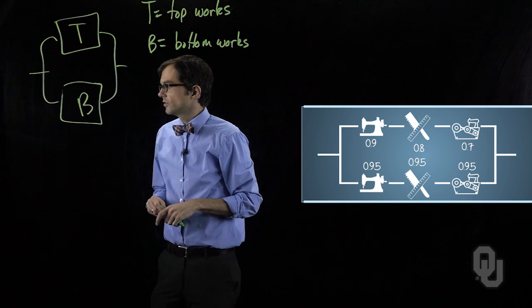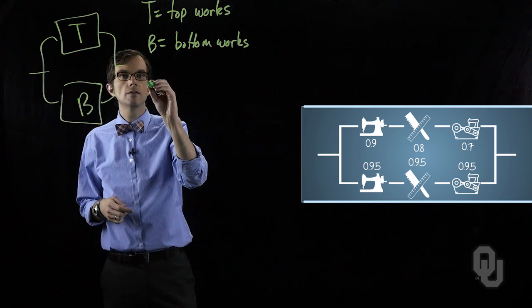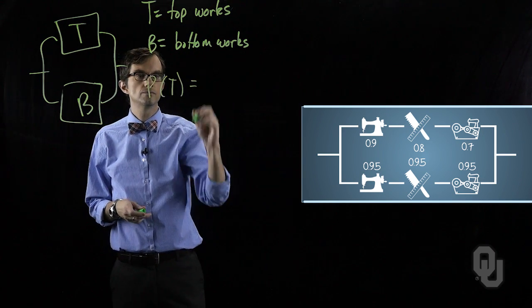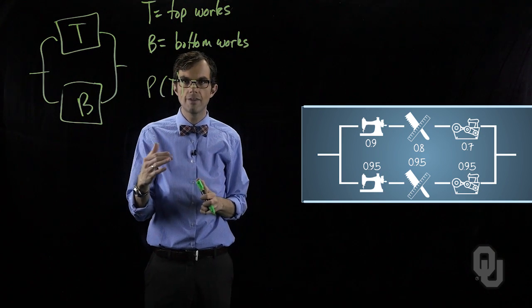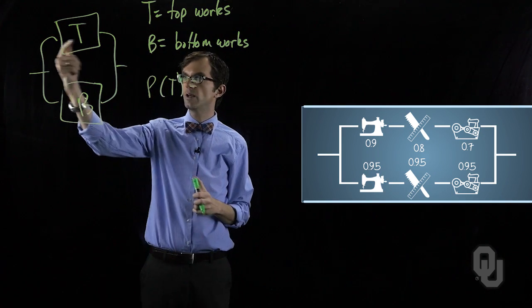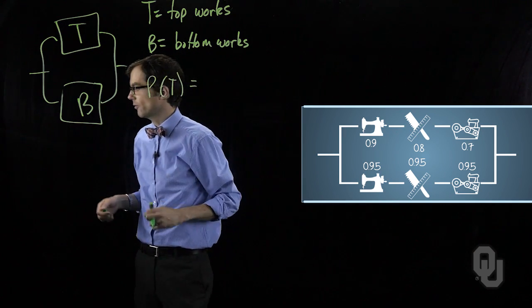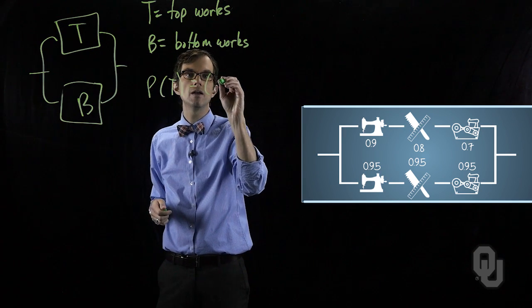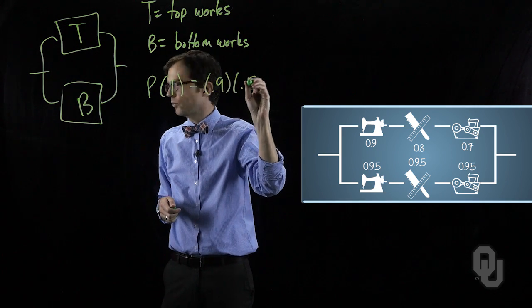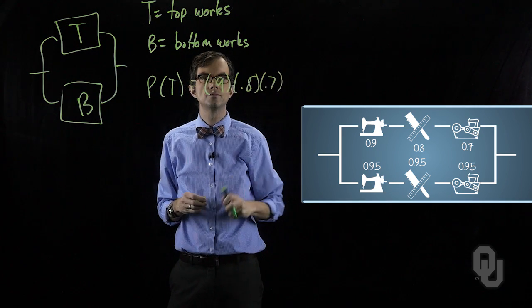So let's identify what's the probability that the top works. For the top to work, that means that all of those three machines in series have to operate. So what's that probability? For the top, that would be 0.9 times 0.8 times 0.7.